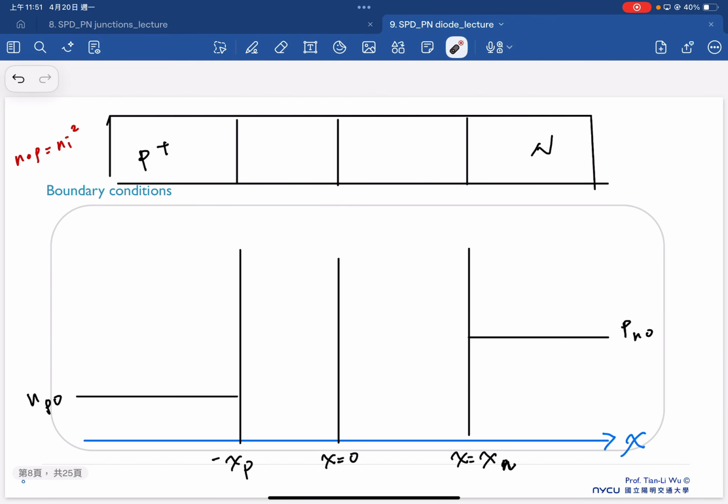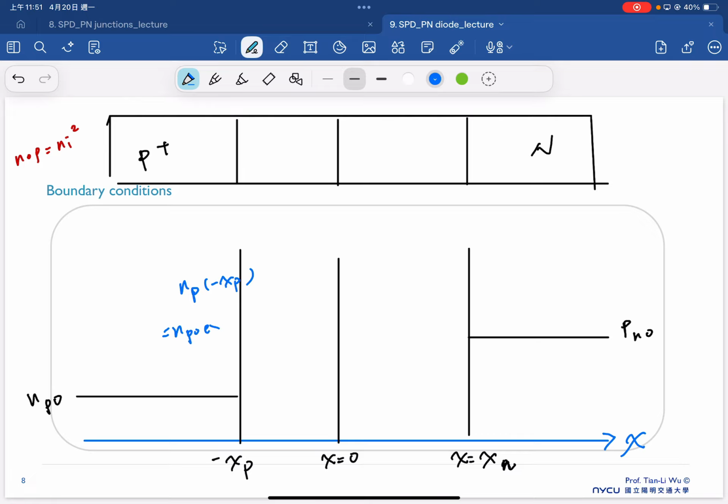So in the case of X equal to XP, we can have the minority carrier at this boundary condition, which still follows NP0 exponential EVA over KT.